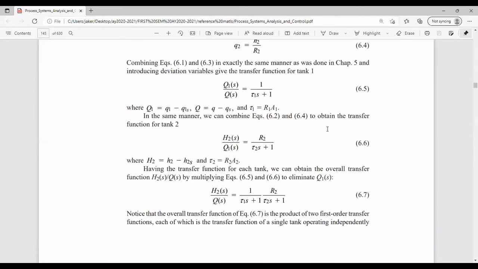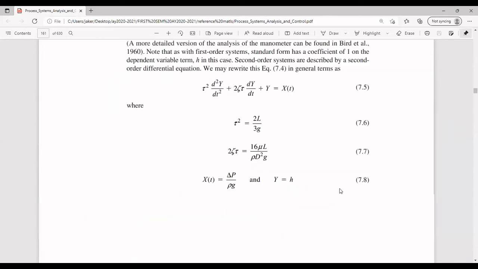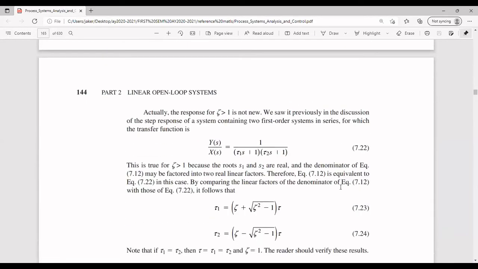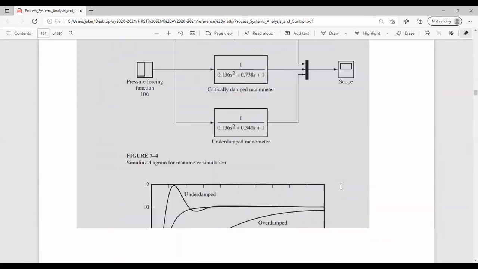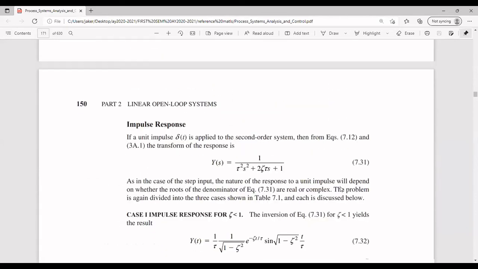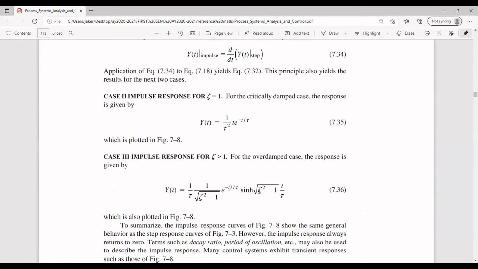It's chapter 7. Okay, we have this. Impulse. I'll just take a look at that. So it is hyperbolic sine of this multiplied to t over tau.